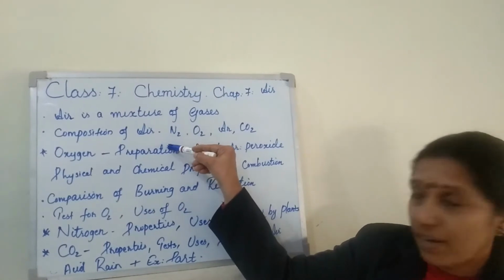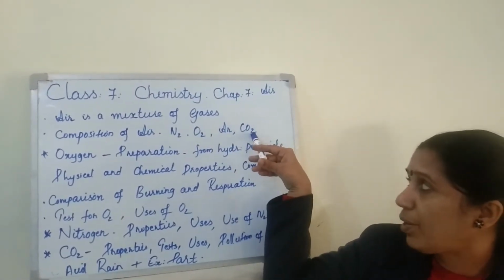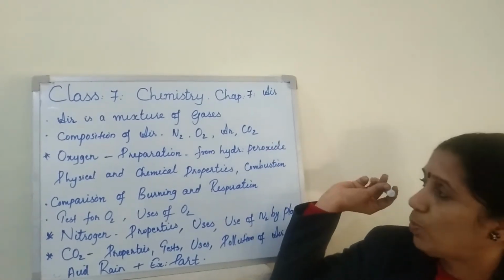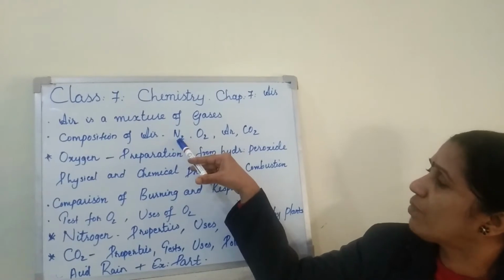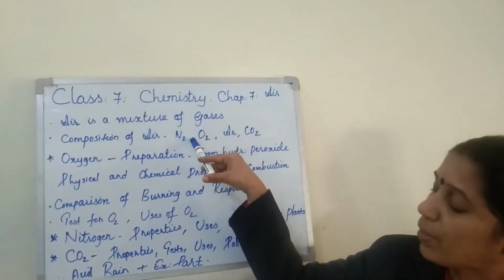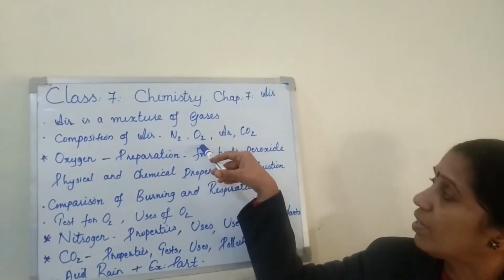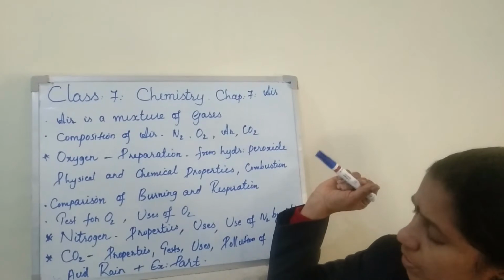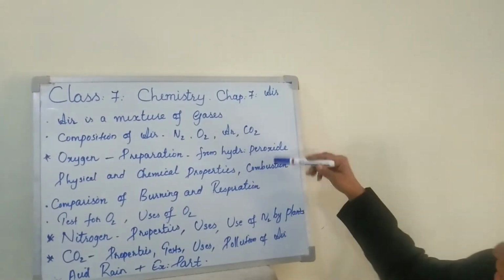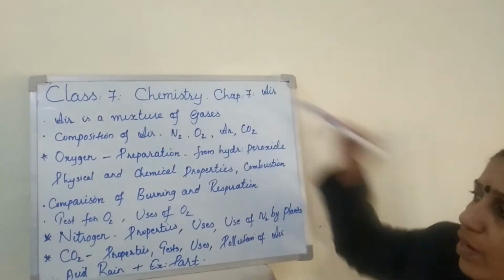First one is nitrogen, then oxygen, argon, carbon dioxide and other particles also present. Nitrogen is 78% of the air, and 21% is oxygen, and 1% is argon. Other gases, that means carbon dioxide, water vapor, etc. are also present in the air.